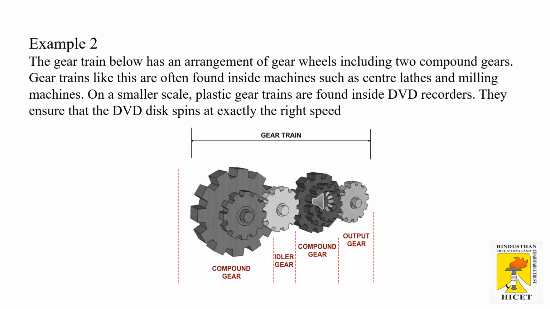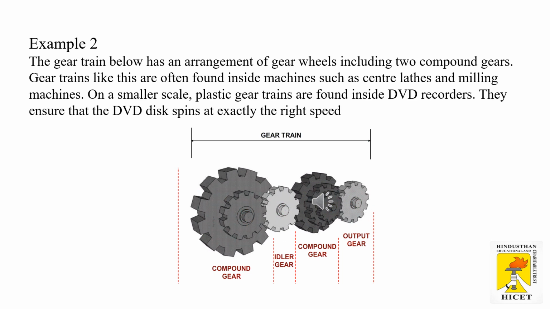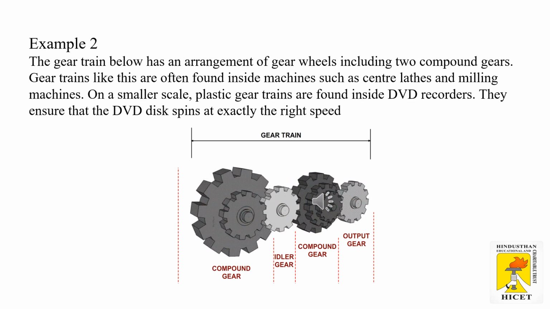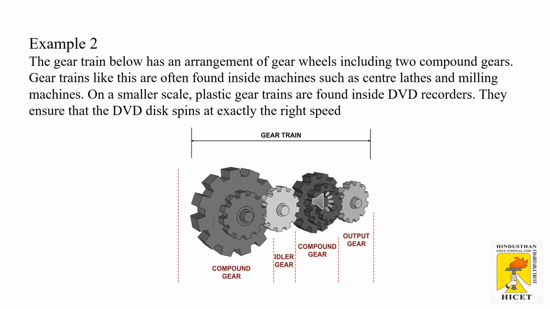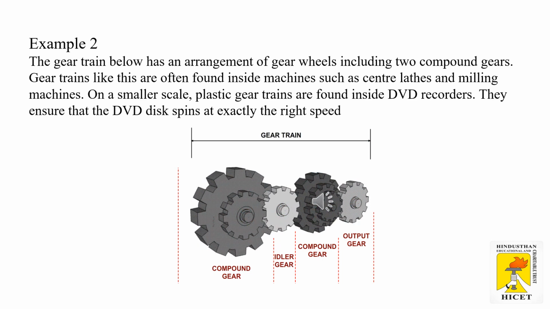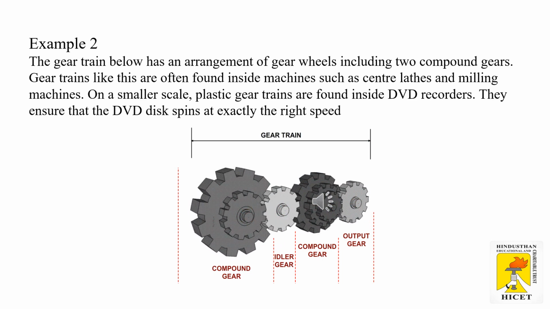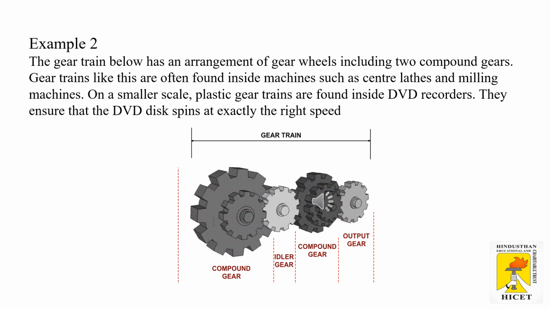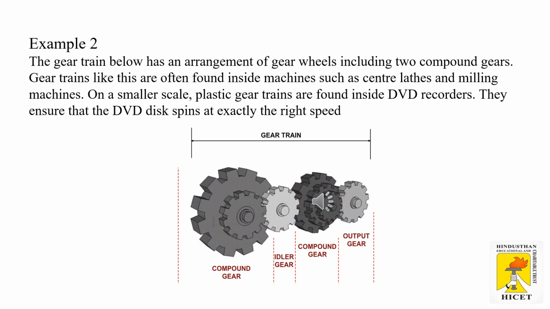In this example, the gear train below has an arrangement of two wheels including two compound gears. Gear trains like this are often found inside machines such as central lathes and milling machines. On a smaller scale, plastic gear trains are found inside DVD recorders.